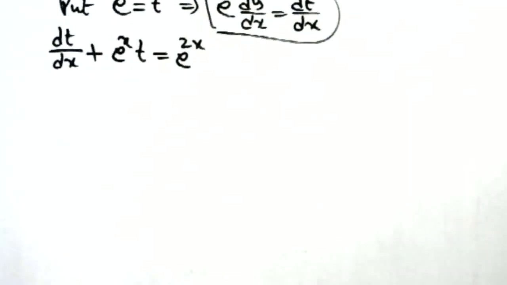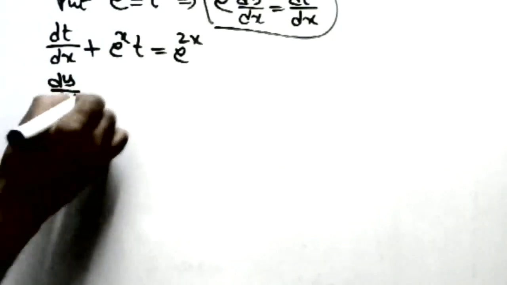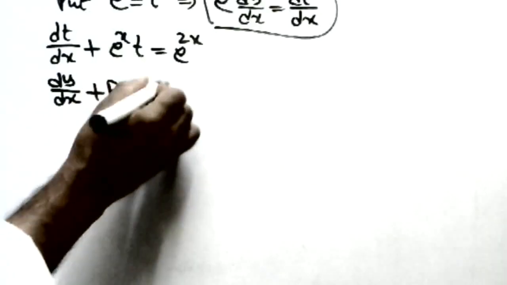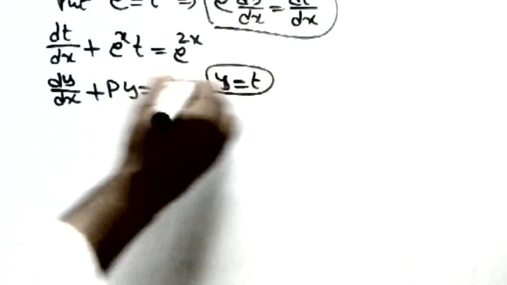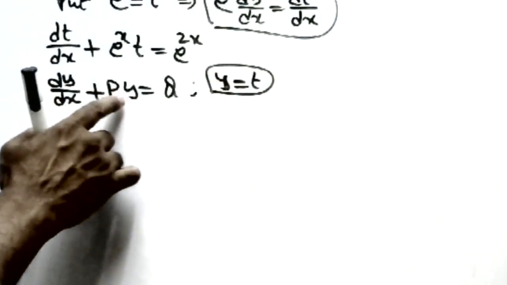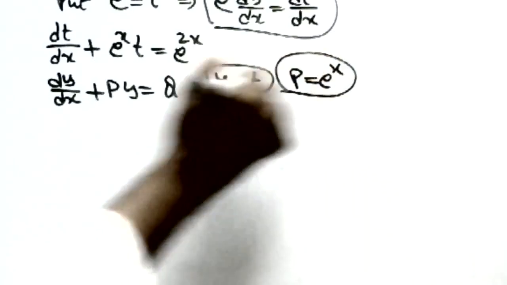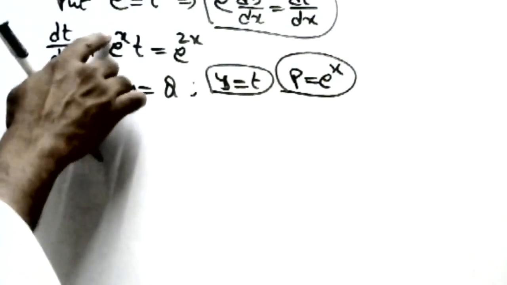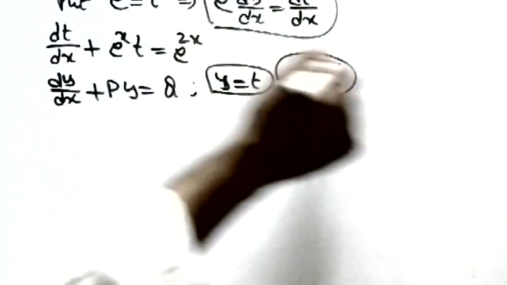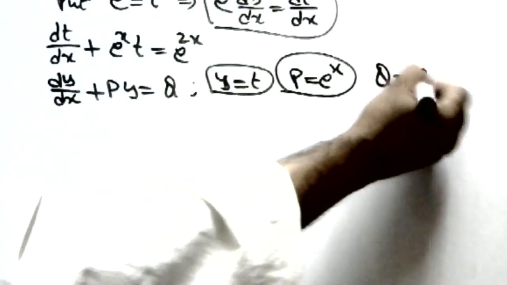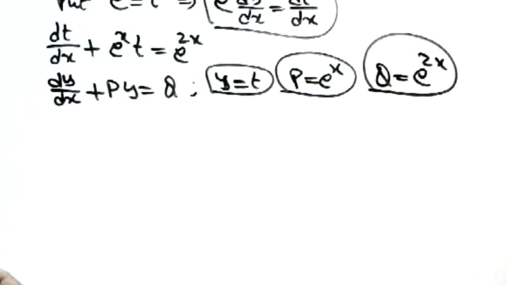Now this is of the form of a linear differential equation. So let me compare this with dy by dx plus py equals q. In place of y, we are having t. In place of p, we are having e power x. And in place of q, we are having e power 2x.